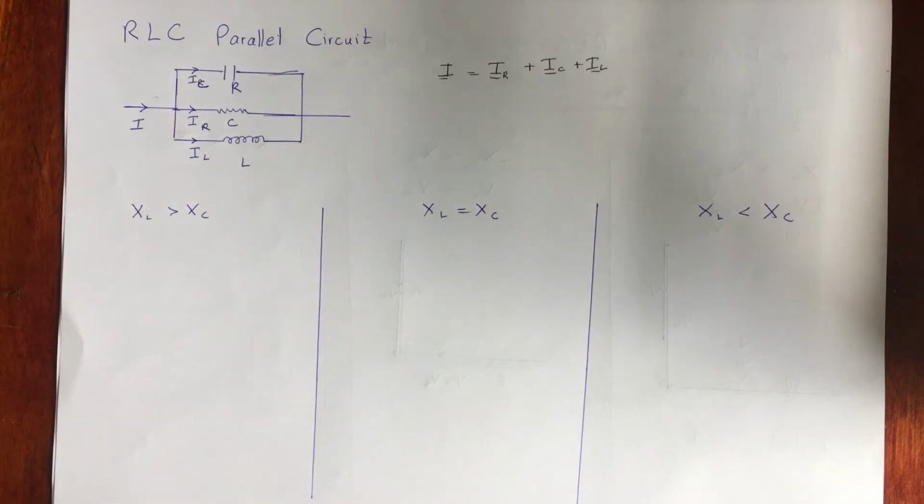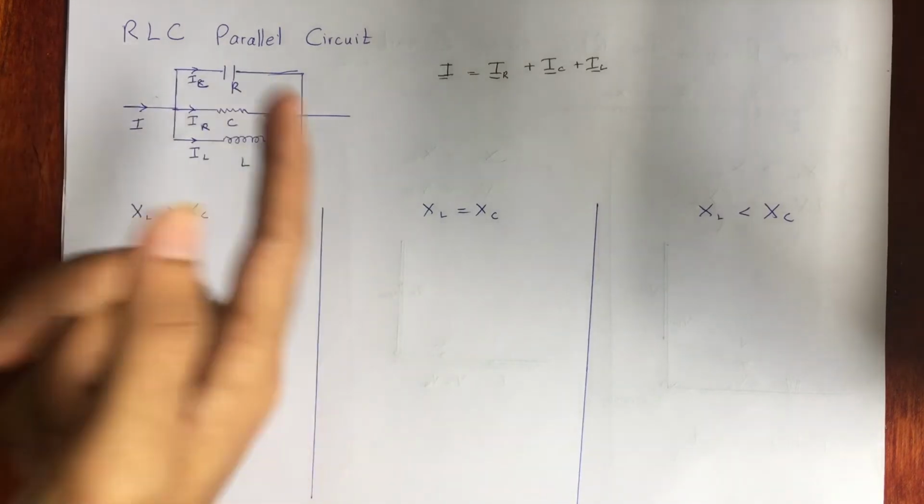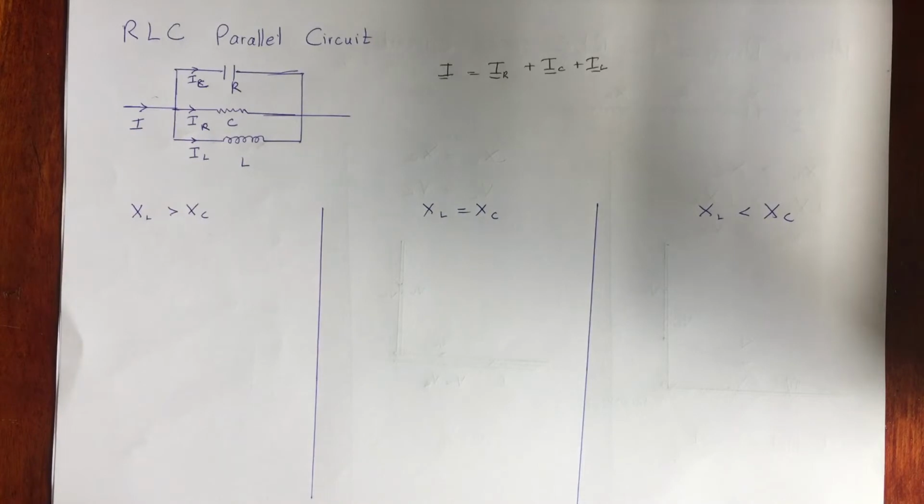Also, we can tell another thing: the voltage difference across R, C and L, all three, would be equal. So you can tell these two directly if they have given any parallel circuit. Likewise, we are going to use these terms over here.